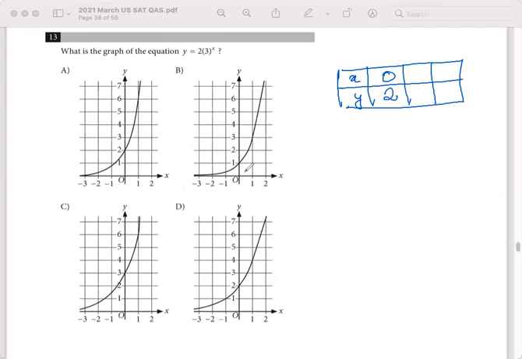So at 0 the value should be 2, so I can eliminate B, I can eliminate C. Okay, let's say x is 1, so 2 times 3 to the power 1. So at 1 it should be 6, which is here, so it can't be D, right? So the right answer is option A.